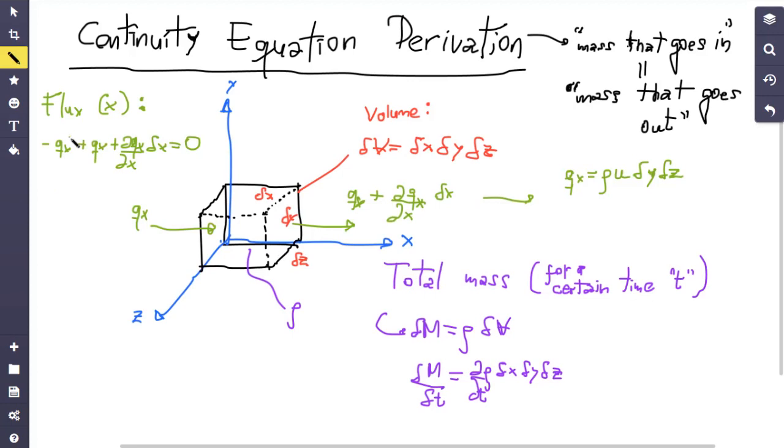Okay, so these terms here cancel out. Remember that we have this negative sign here because of the flux convention. So in every surface we have a vector which is normal to this surface, and we have to compute the scalar product, the dot product of this vector with this vector here.